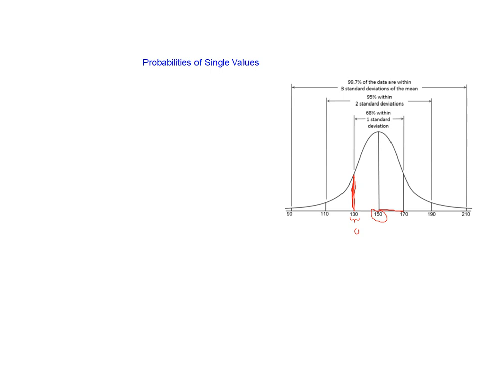The way around that is to do an approximation. We create an interval that we're happy with. One example might be to say, instead of looking at a mass of 130, let's look at the probability that the mass of the potato is between 129.5 grams and 130.5 grams.